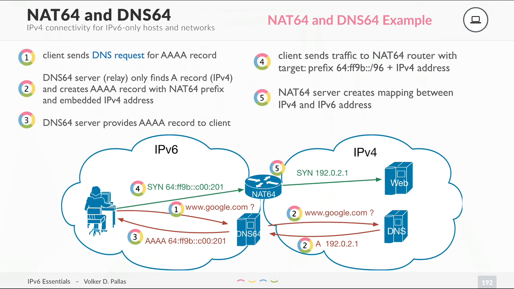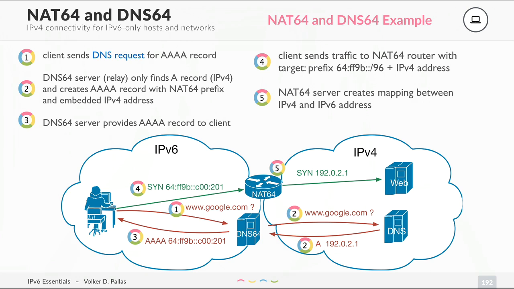So it creates a mapping between the IPv4 and the IPv6 address, sends IPv4 packets out to the server, and once the reply is coming, it retranslates it into IPv6. So the client all the time just communicated with IPv6, and the server didn't even know that because it can only do IPv4.